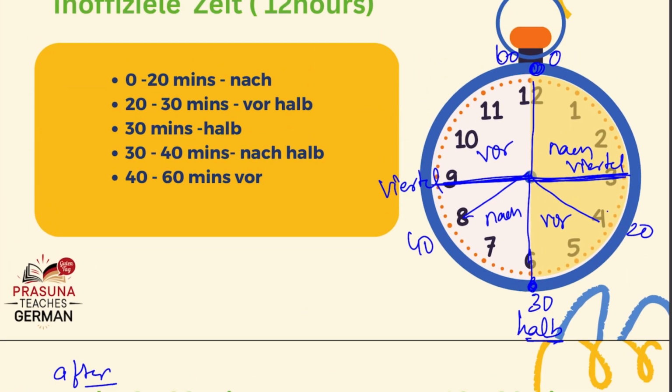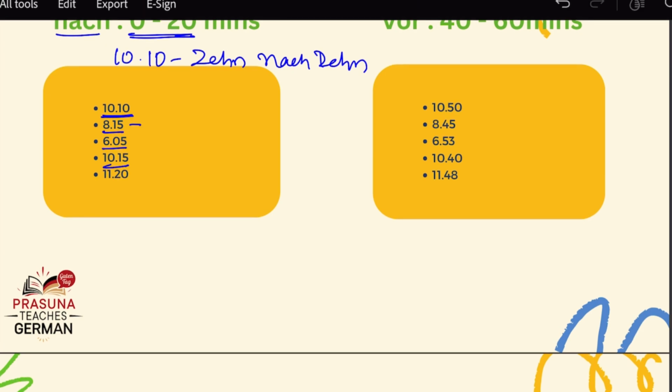As I told, the 15 minutes will go with viertel also, 1/4 of the clock. Then you can express this like Viertel nach 10. You can say 15 minutes after 10 or quarter after 10, like viertel nach 10.